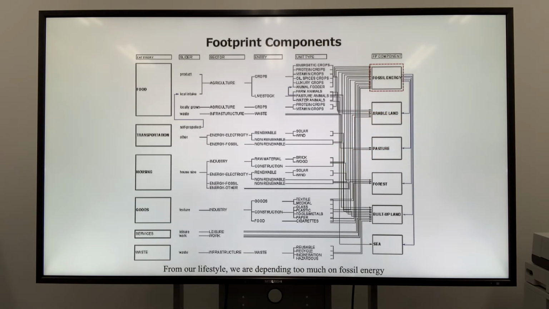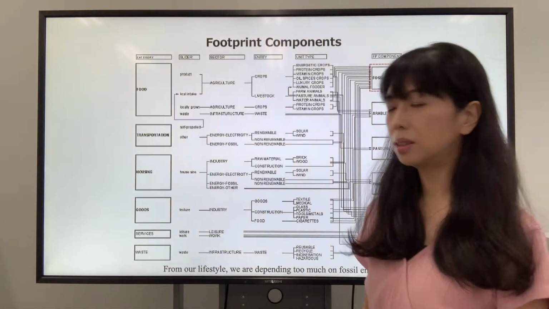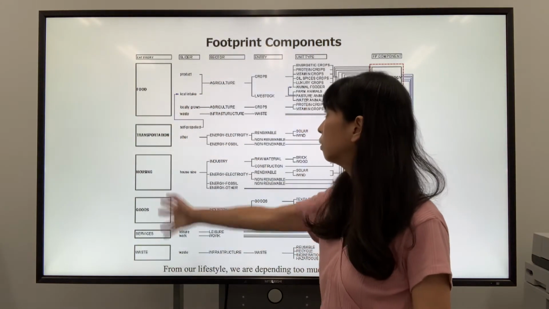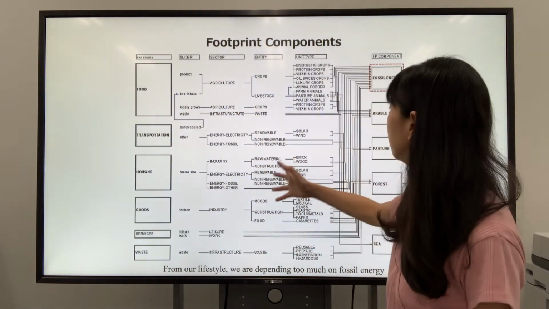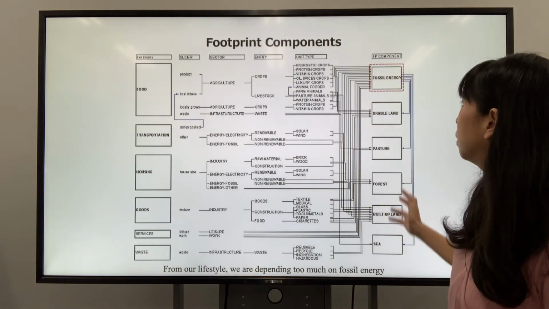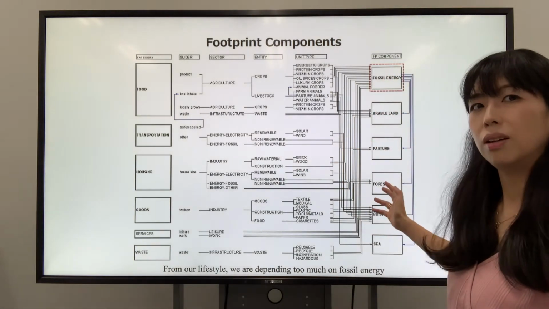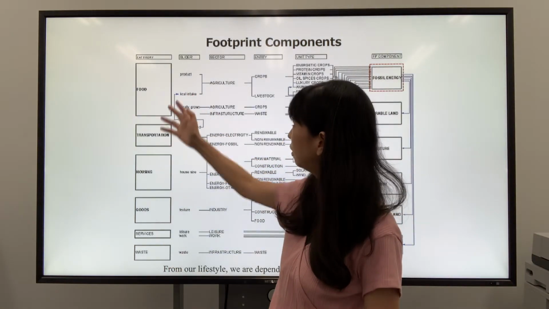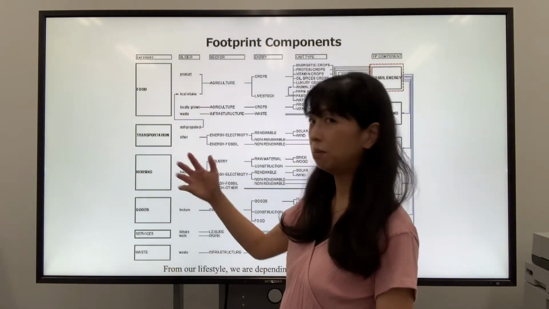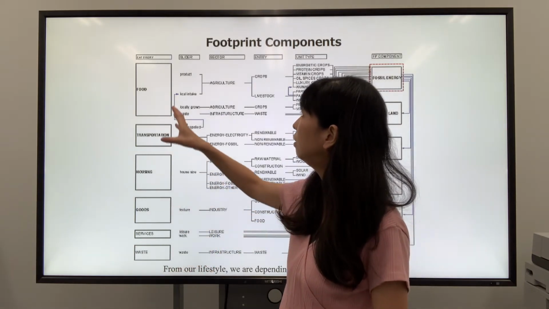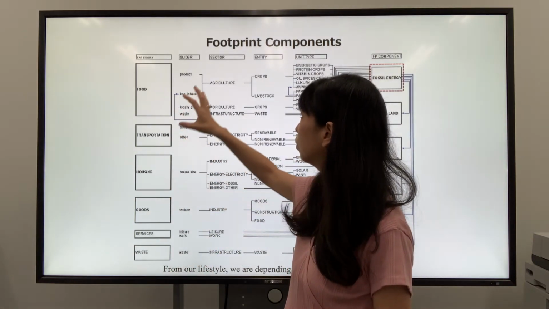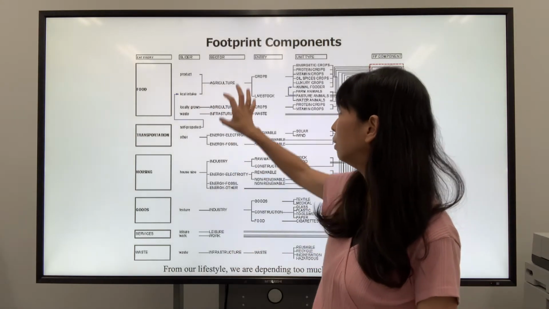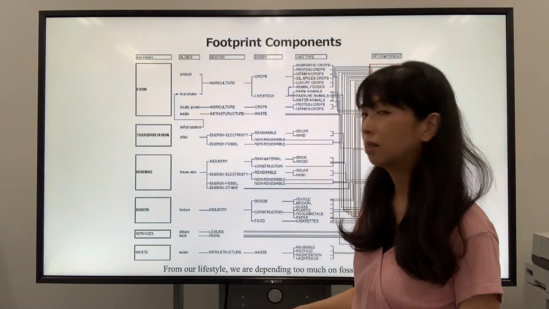So this is a footprint component. It's a system diagram to show how the components are being translated into the hectares of land that can absorb them. Our activities can be differentiated into these components, which I have mentioned earlier, and then these can be re-represented in terms of space, which are here in this sector.